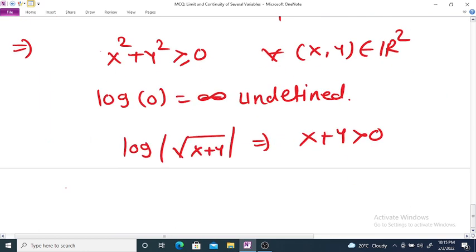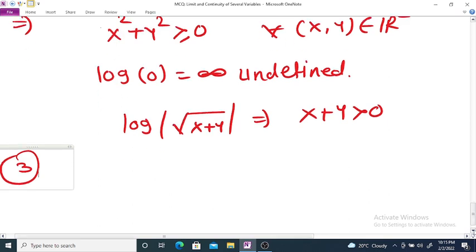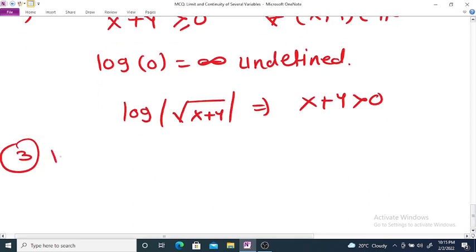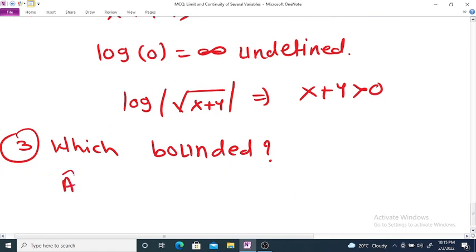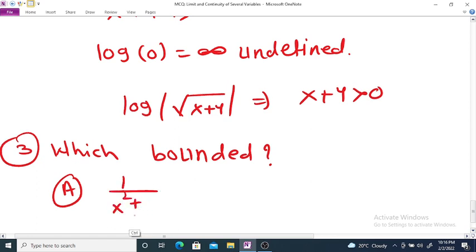The next example, third example: which of the following functions is bounded? The examples are given. The options are: number A is 1 divided by x square plus y square, x square y square plus 1.